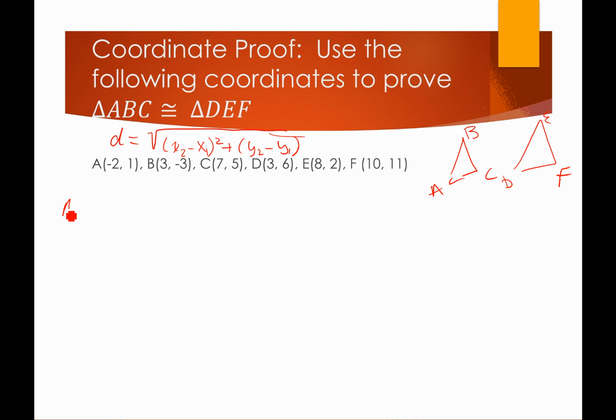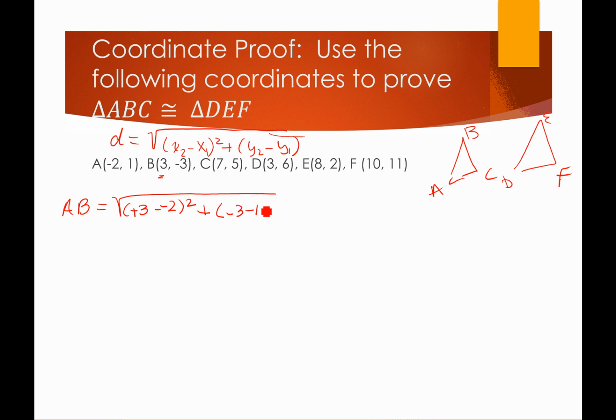If I'm going to find the length of AB and plug it in, I've got positive 3, because I'm going for the A's. I'm doing a lot of slope and stuff with algebra. So 3 minus a negative 2, squared, plus the y's. We're going to put them in the same order.